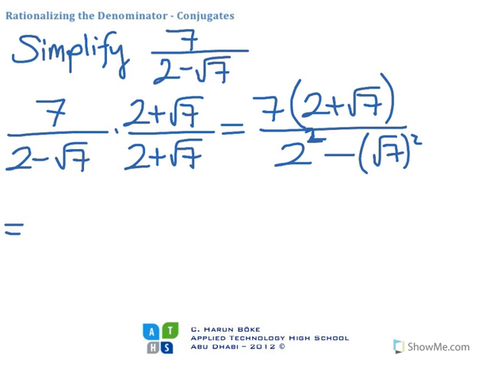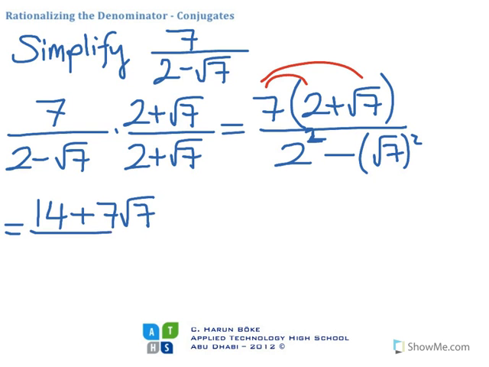Now let's do the calculations. 7 times 2 is 14. 7 times root 7 is, I'm going to write it together, 7 root 7, because I cannot multiply integers and square root expressions, over 2 squared is nothing but 4 minus square root of 7 squared, which gives you 7.